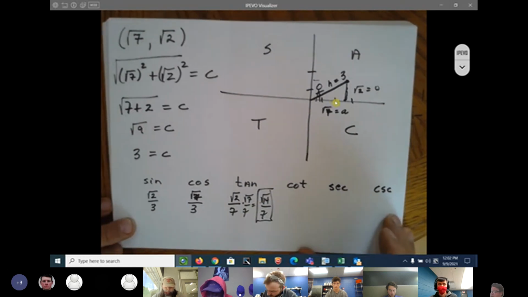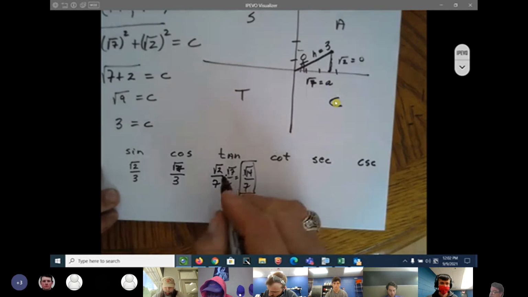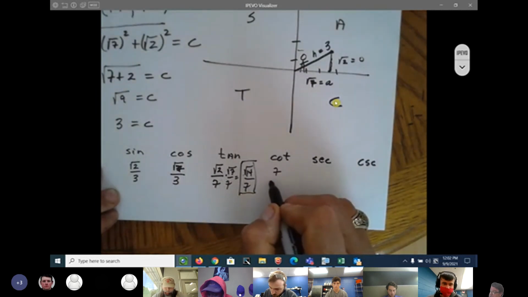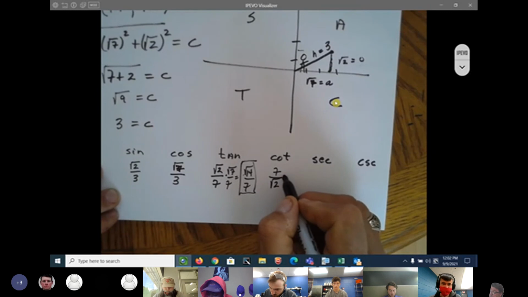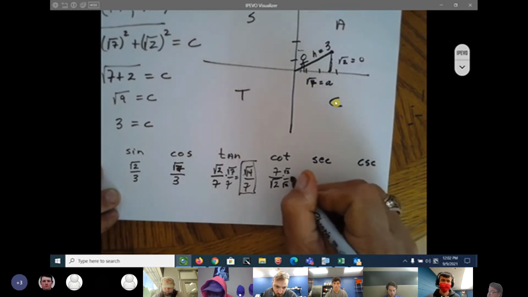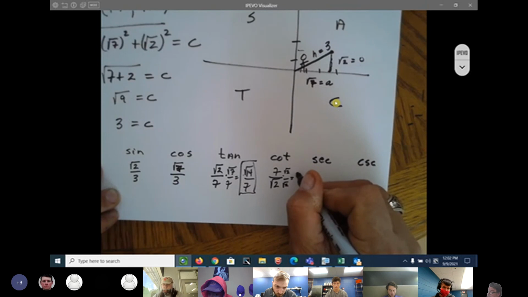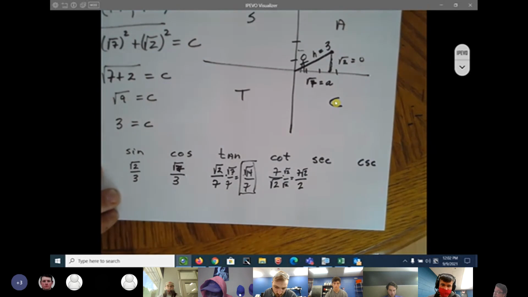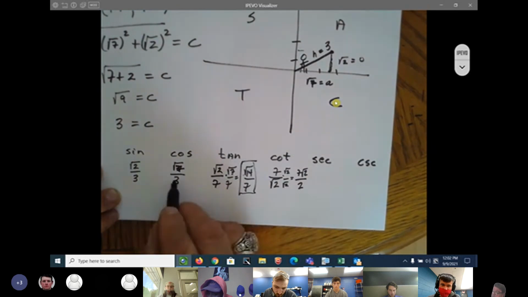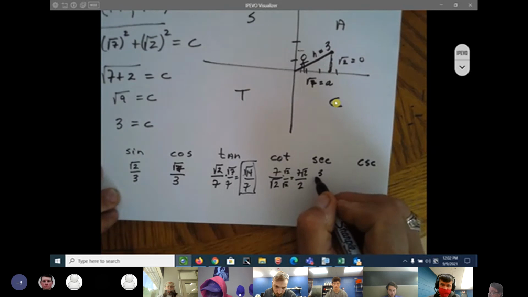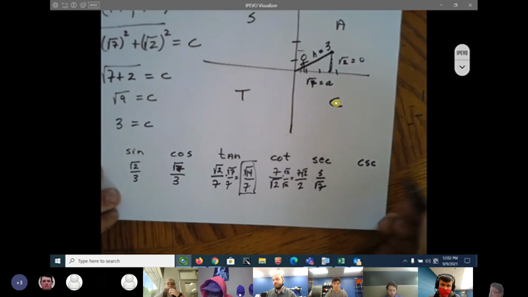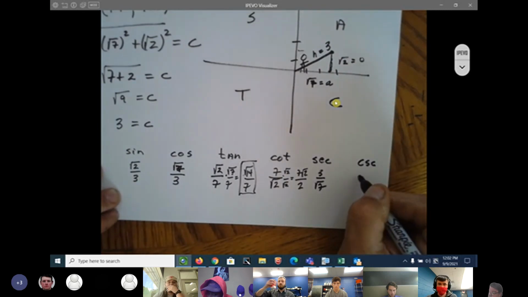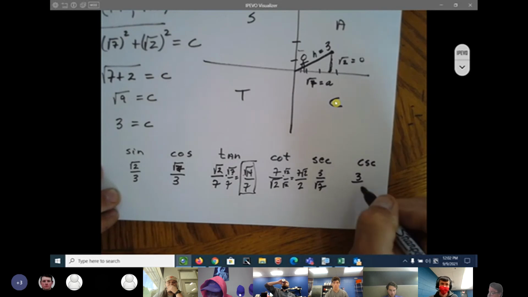And then just flip them over. Cotangent is going to be 7 over the square root of 2. Multiply by the square root of 2 over the square root of 2, which is equal to 7 square root of 2 over 2. Secant, 3 over the square root of 7. I'm not rationalizing, I'm running out of room. And cosecant, 3 over the square root of 2.